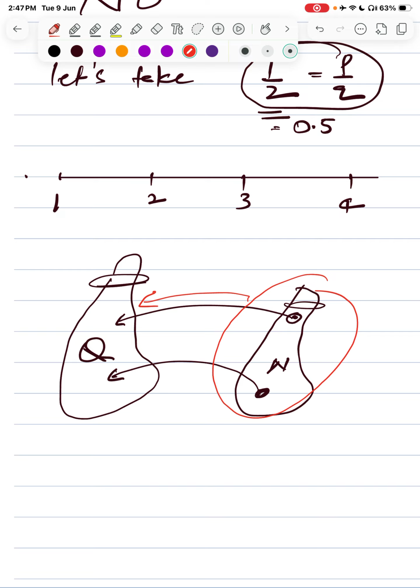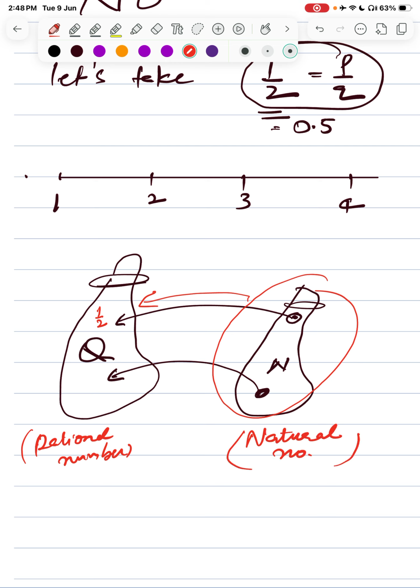Now if I take a rational number, here I take the rational number 1 by 2, it will be in this set of rational numbers, and this is the set of natural numbers. I have taken one element, 1 by 2, which belongs to this set because it's a rational number.